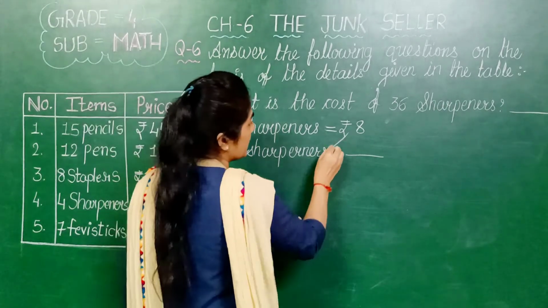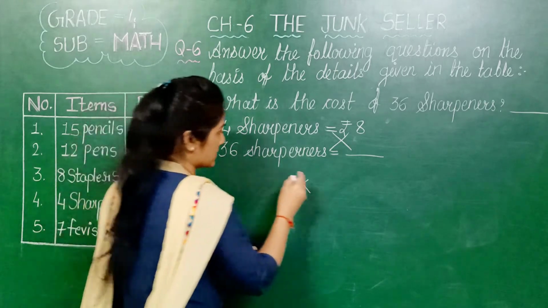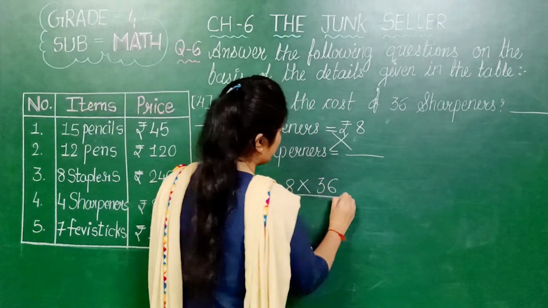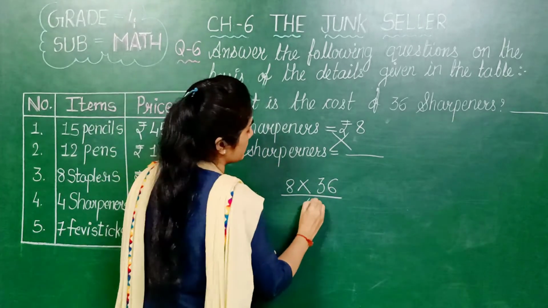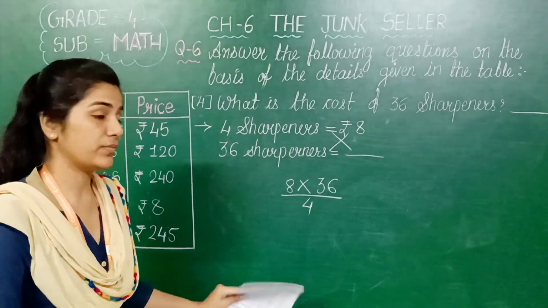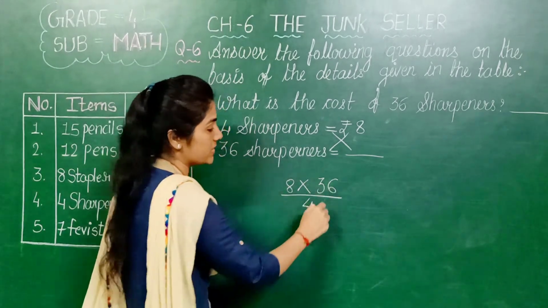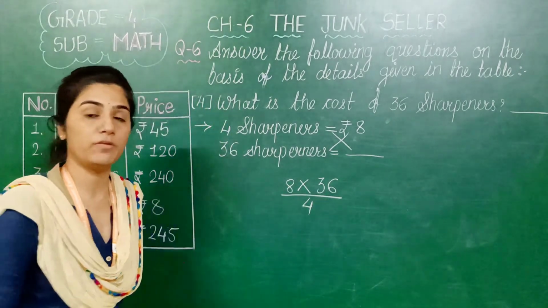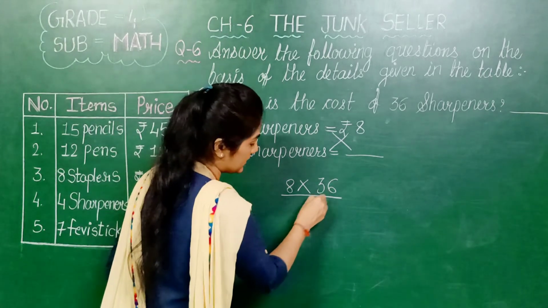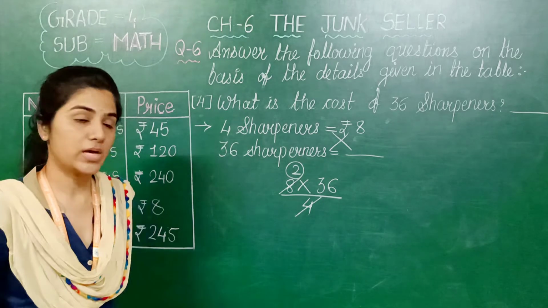So cross multiplication we will do: 8 multiplied by 36 divided by this 4, because this 4 will come down like this. So it's very small numbers, easily you can divide. See, this 8 and 36, both the numbers are in the table of 4. So you can divide this way: 4 2s are 8.